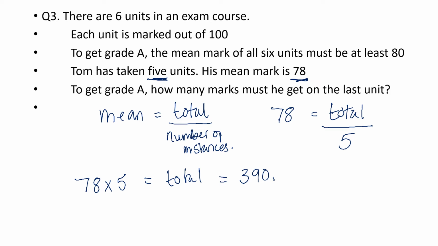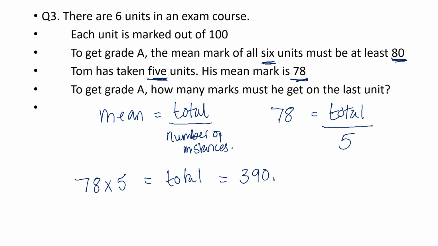Now to get a grade A, the mean mark must be at least 80 over 6 units. So we use the same method to work out what the total number of marks is, as a minimum, to get an A. So we can say 6 units here and the mean will be 80.